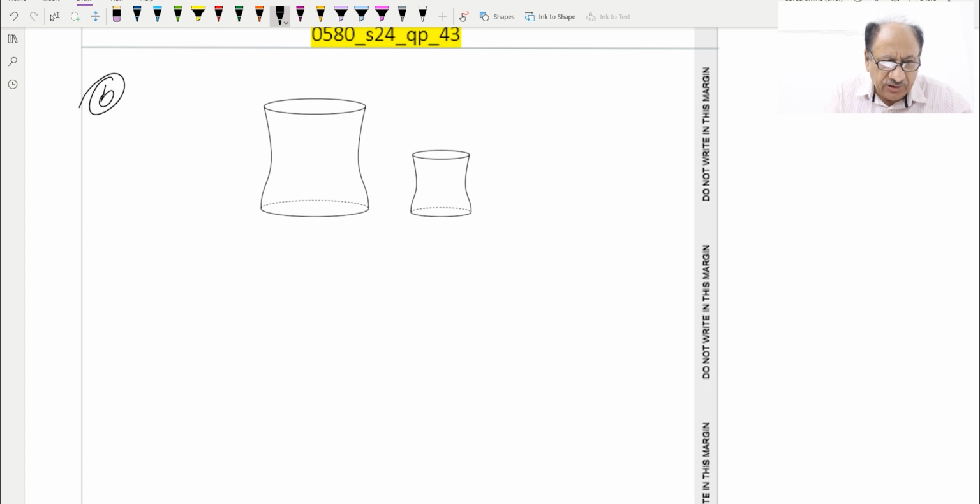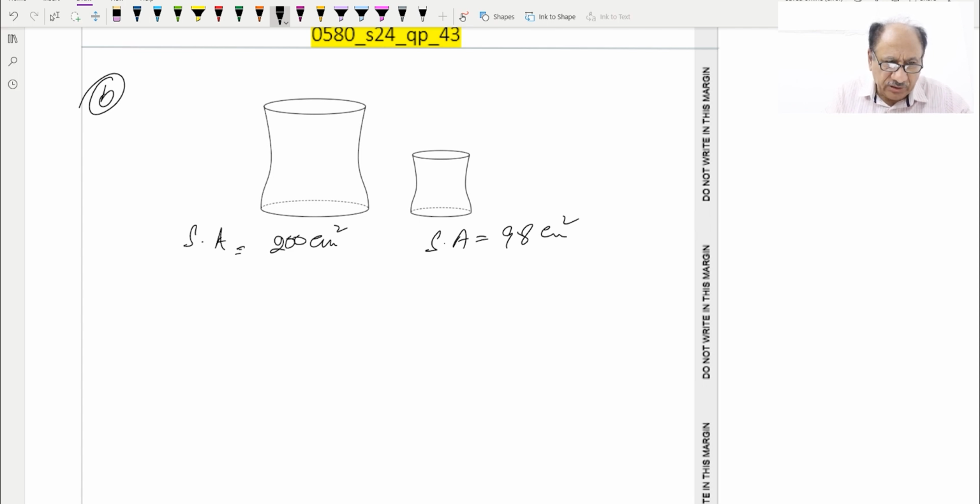The surface area of the larger shape is 200 centimeter square, and the surface area of the smaller solid is 98 centimeter square.